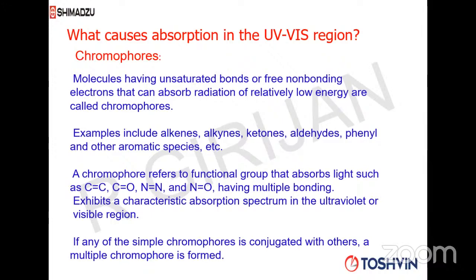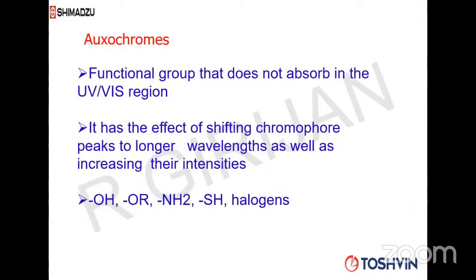A chromophore refers to a functional group that absorbs light, for example carbon-carbon double bond, carbon-oxygen double bond, nitrogen-nitrogen double bond, nitrogen-oxygen double bond. A molecule can have more than one chromophore. The requirement is that at least one chromophore should be present, but there are molecules which contain multiple chromophores, known as multiple chromophoric systems.